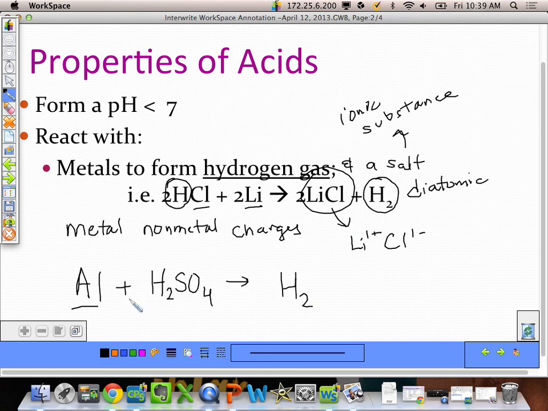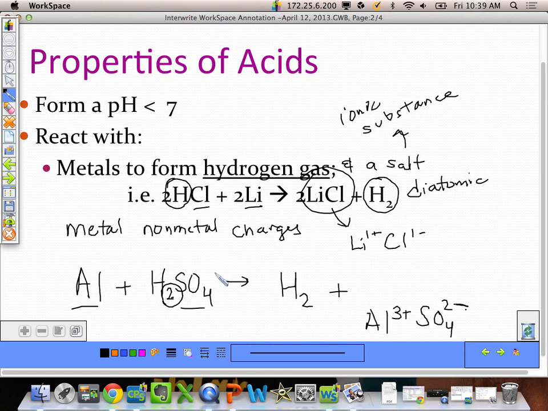So plus, what's the charge of aluminum? 3+, absolutely. And sulfate? 2-, absolutely. Which even if I didn't have it memorized, I could look at this subscript here. There's a 2 there. That came from the sulfate ion. Didn't come from the hydrogen.